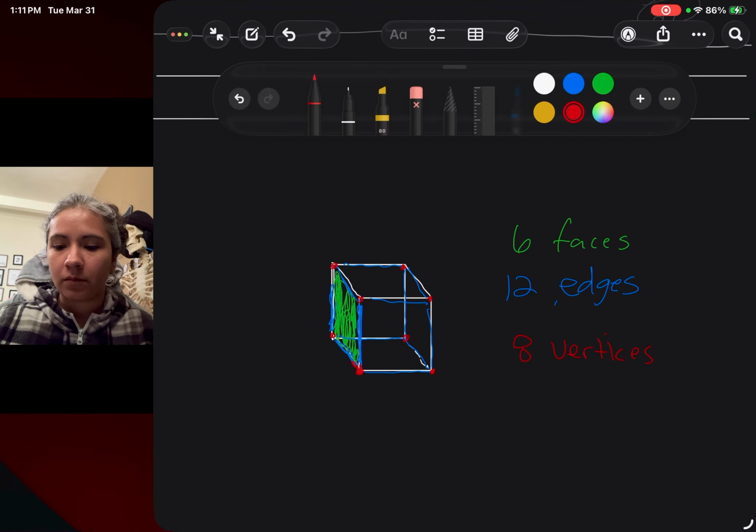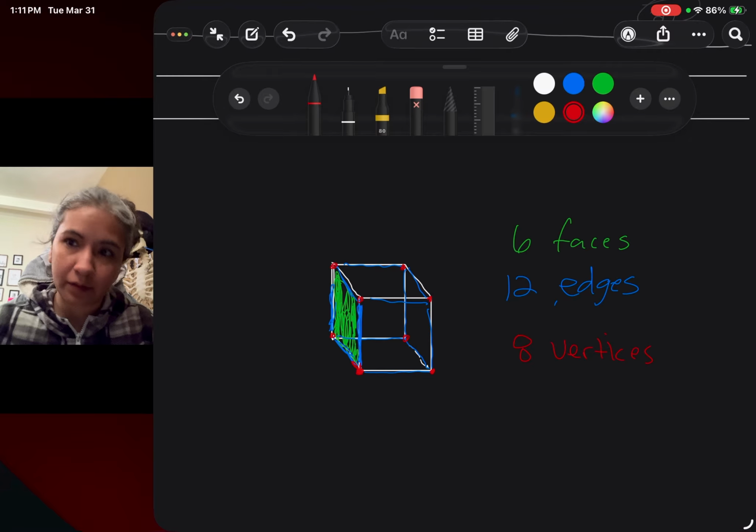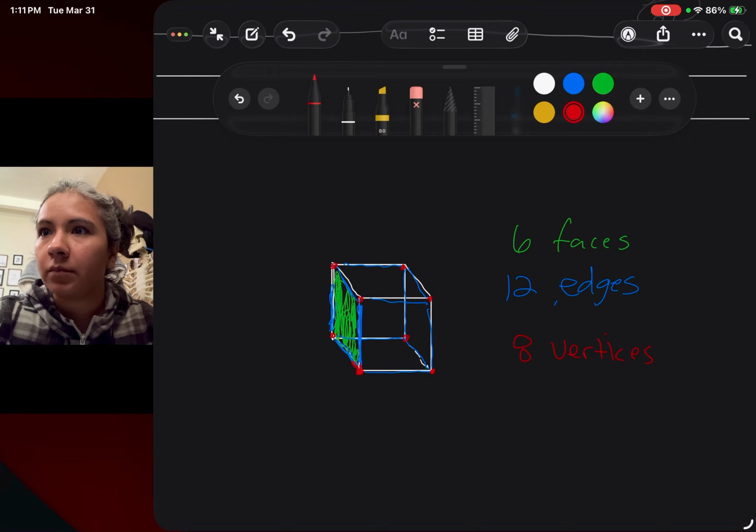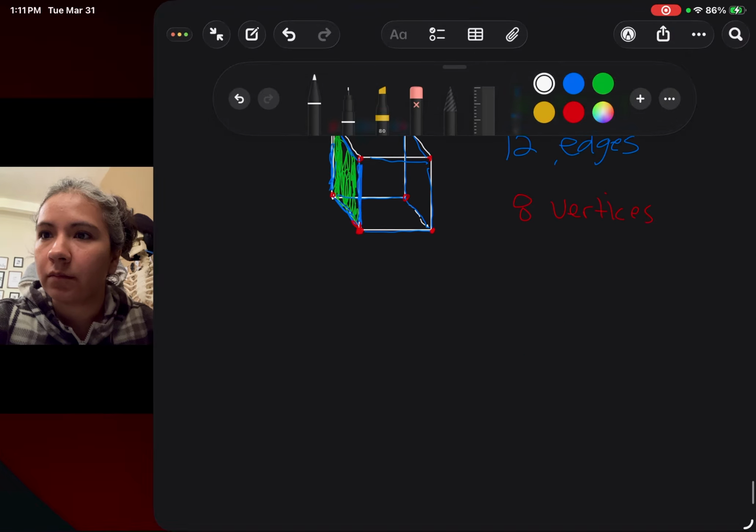So a prism is a special kind of polyhedron. It has a constant size of a polygon running through it. So let me switch colors.